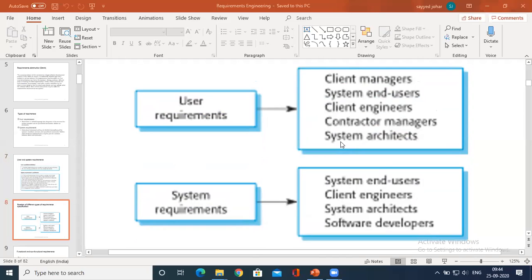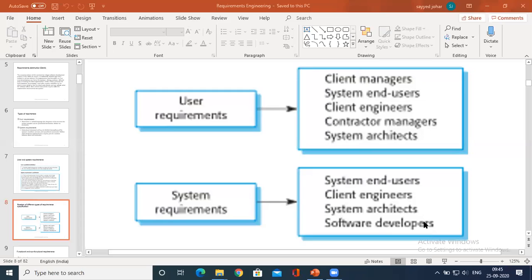For example, you can see the software developer is no more involved with the user requirement. As you could see here in the last, the software developer's main job is to write a program based on the given requirement. So he has been given a pure picture of what is to be developed or which program has to be developed.